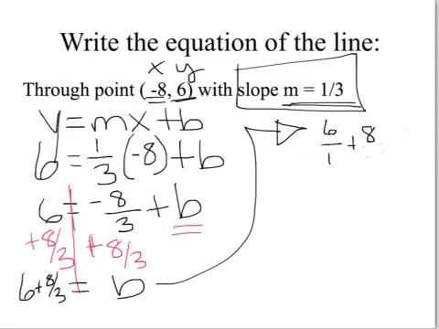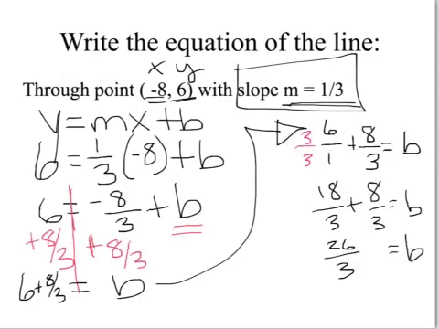So I can multiply numerator and denominator here by 3 over 3. 3 times 6 is 18 over 3 plus 8 over 3. So b is going to equal, remember when you're adding fractions, you just add numerators, 18 plus 8 is going to be 26 over 3. And like I said earlier in the course, please feel free to leave it as an improper fraction. We don't need to change it to a decimal, and we don't need to change it to a mixed number. So we've got our b.